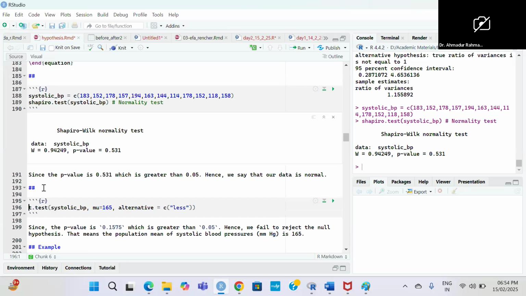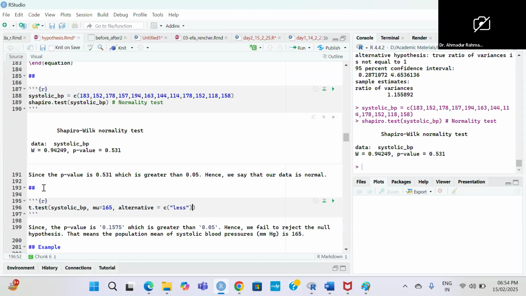Then we run this test. t.test is the function, then the vector, and then mu is equal to 165. y is not present here because it is a one sample test, and then we say alternative is equal to less, and here paired, since there is only one sample, there is no chance of being paired.